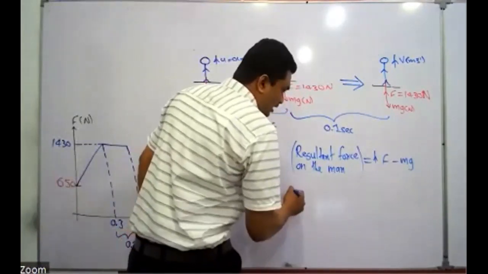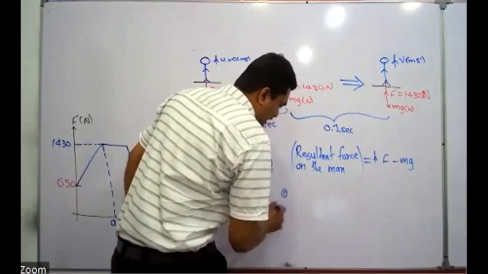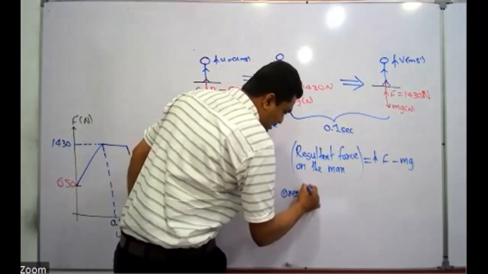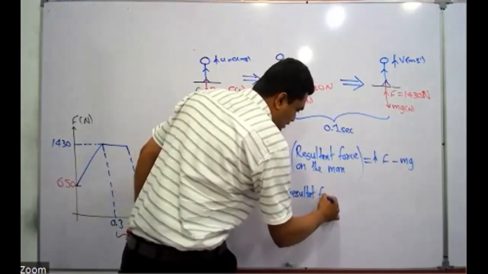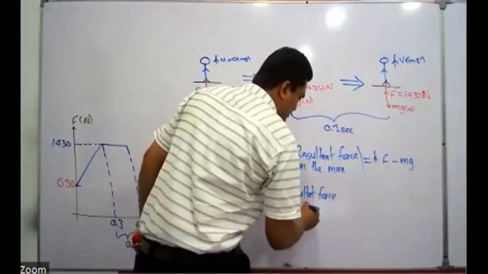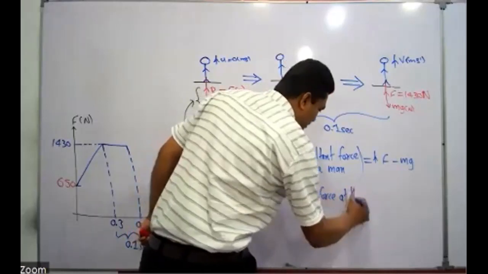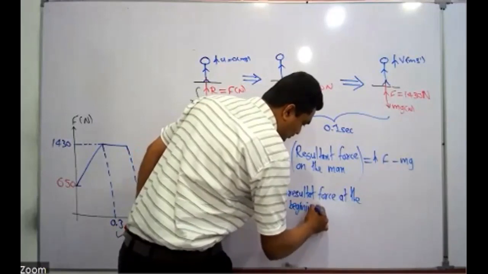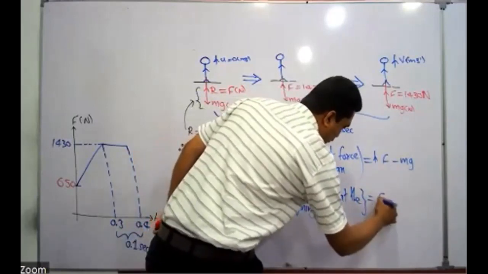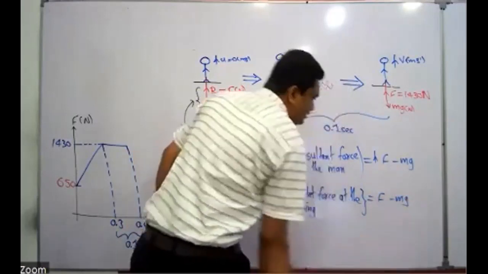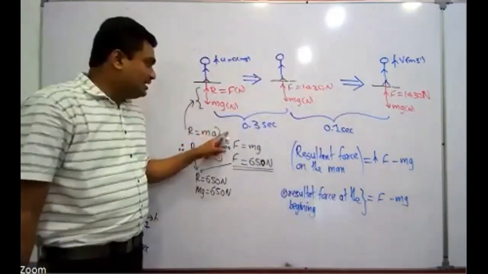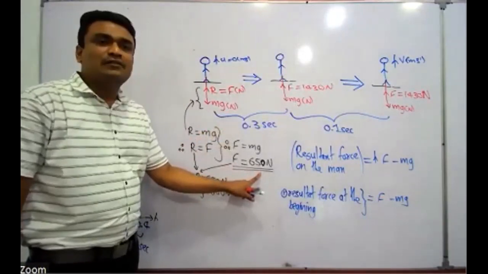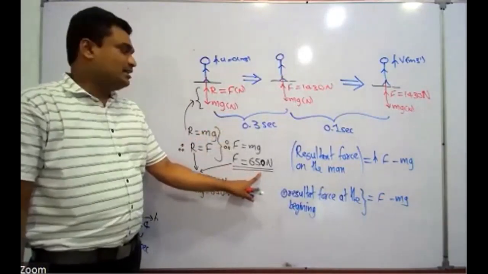So, I have to do 3 calculations. Resultant force at the beginning is F minus mg. Initially, what is F there? 650.